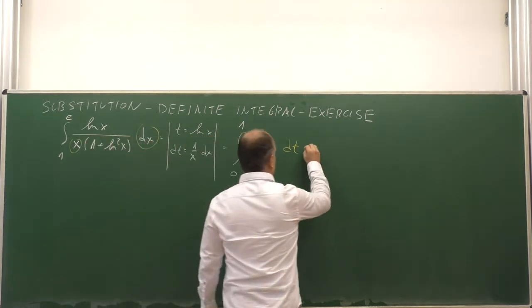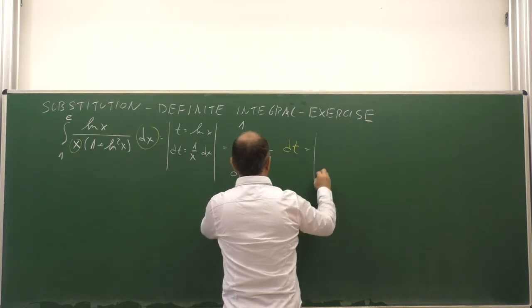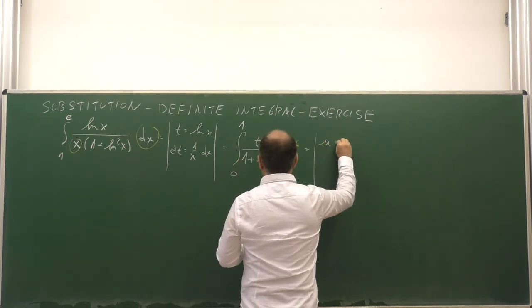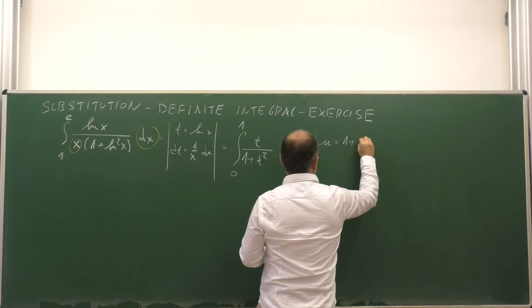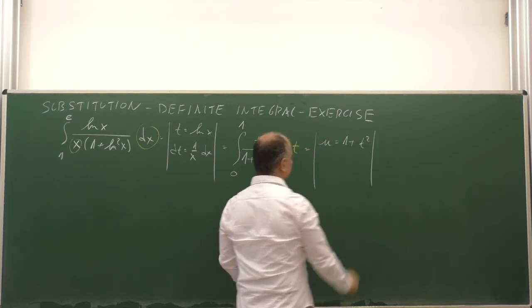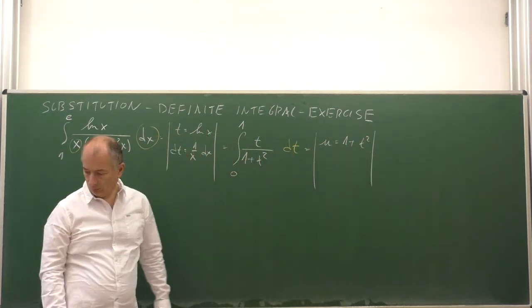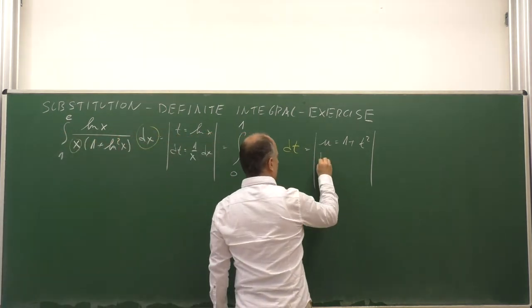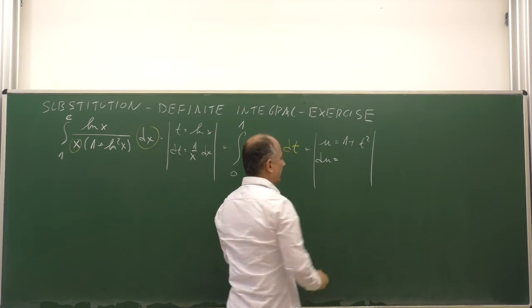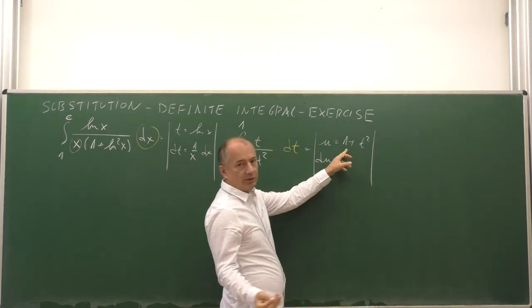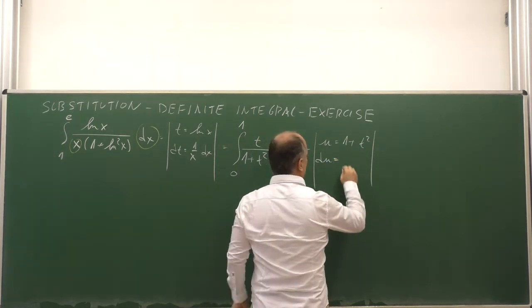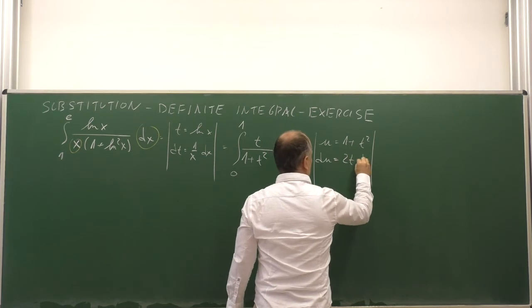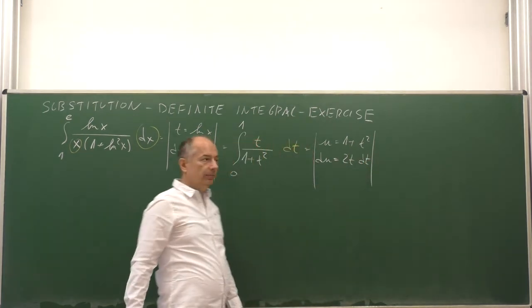This can be done when we use the substitution, say u is 1 plus t squared. Then the differential du is the derivative of this. Derivative of 1 is 0, derivative of t squared is 2t times dt.